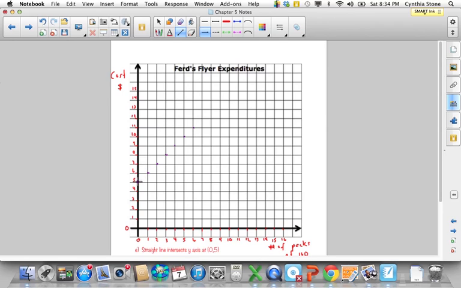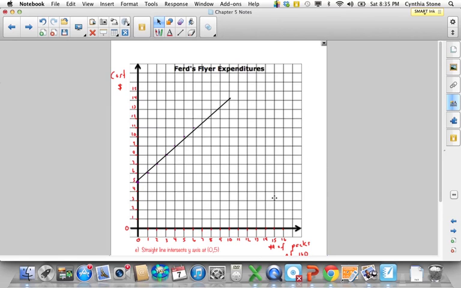This is why it's called partial variation. It's not starting at 0, 0, it's starting up here. And that's my relationship.